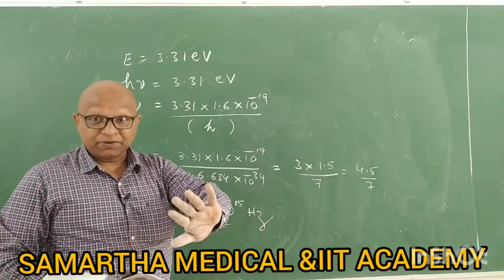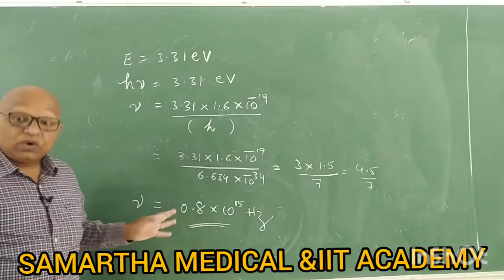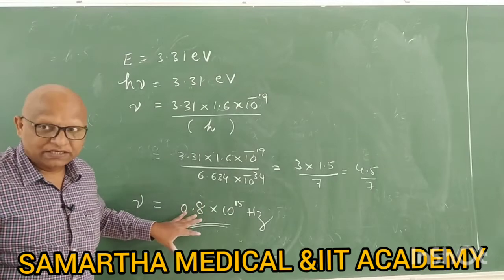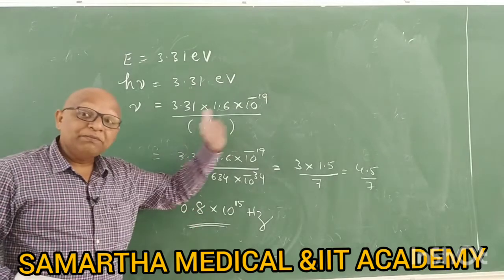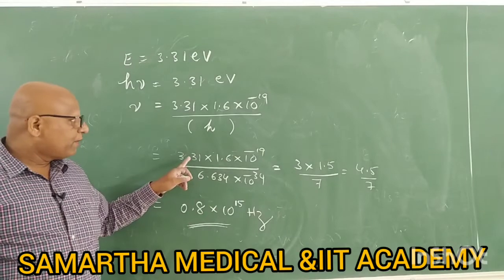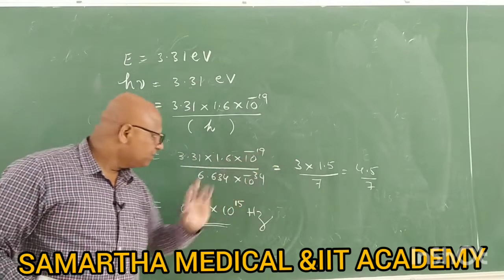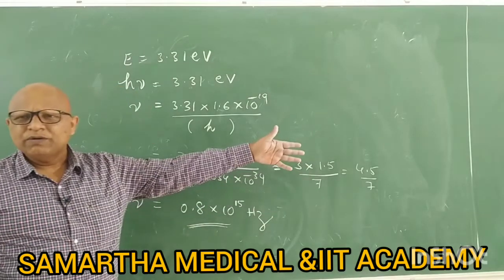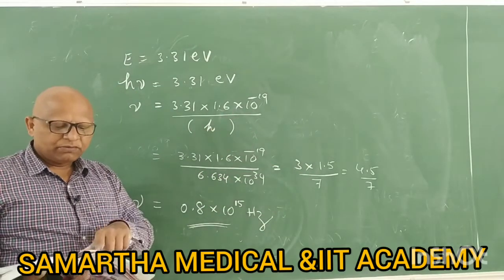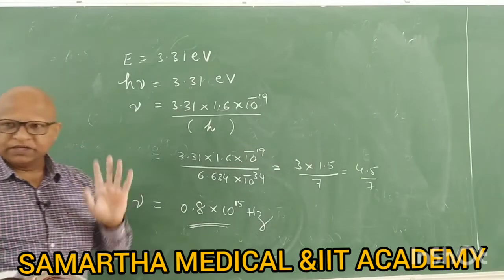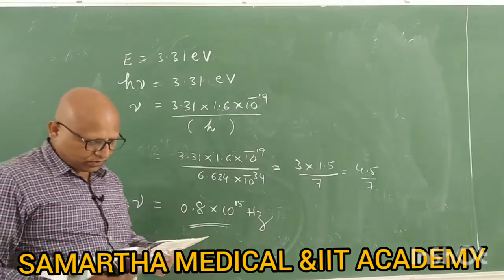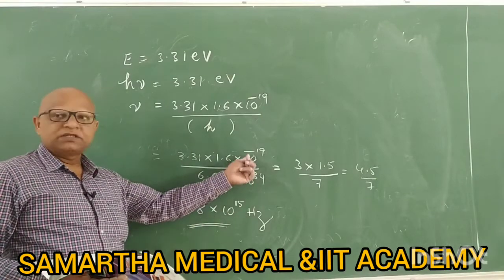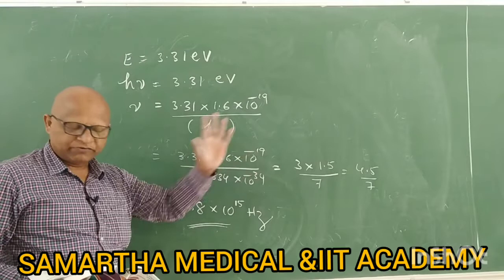The answer is a little more than 0.6, because we have approximated 3, 1.5 and 6.6 written as 7. The value is 0.8 into 10 to the power of 15 hertz. So that is the first option. And the exponents, you know how to solve them. 10 to the power of minus 34 becomes plus 34, minus 19, it is 15, so 10 to the power of 15.